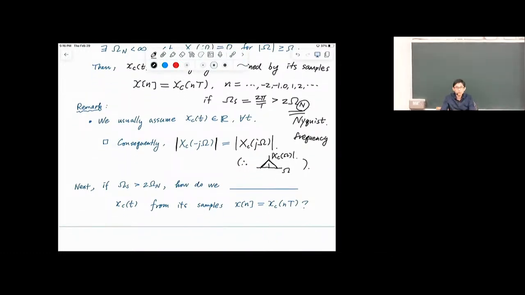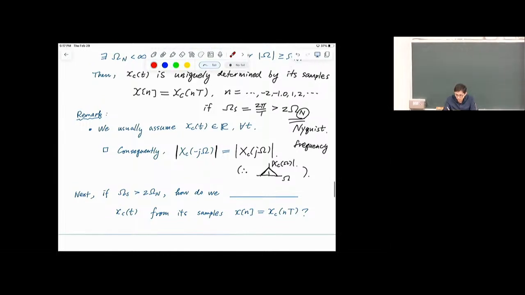Next week, we will introduce what happens if we indeed have a sufficiently high sampling rate: how do we actually reconstruct the signal? I suggested that we apply an ideal low-pass filter.